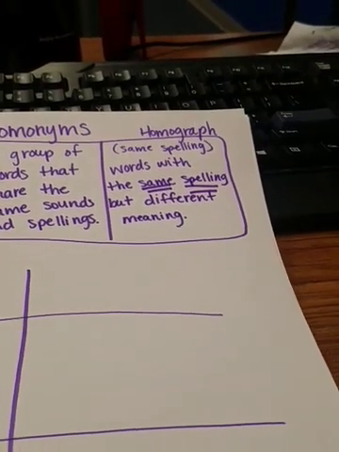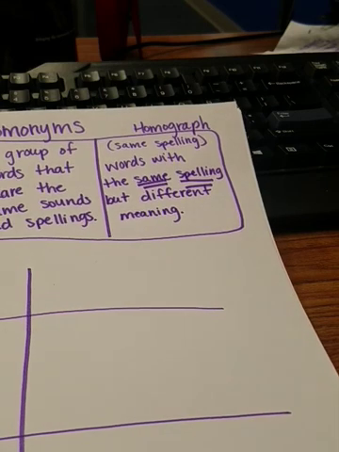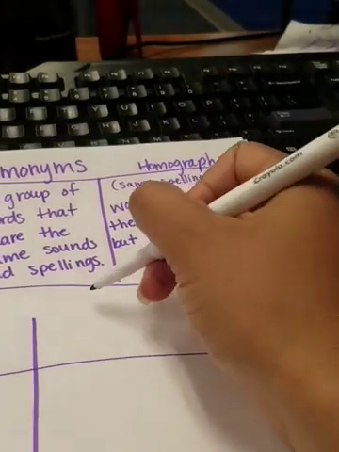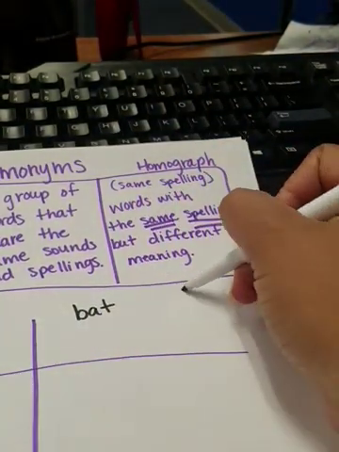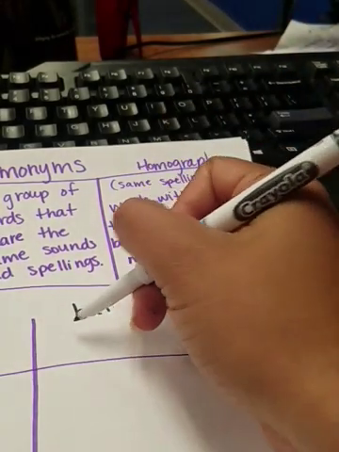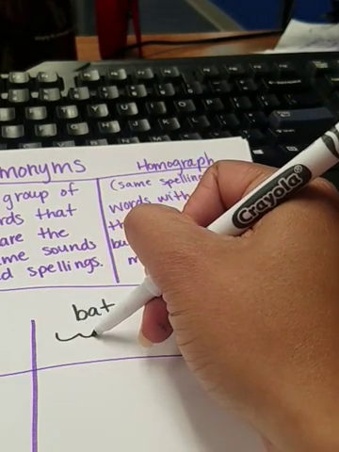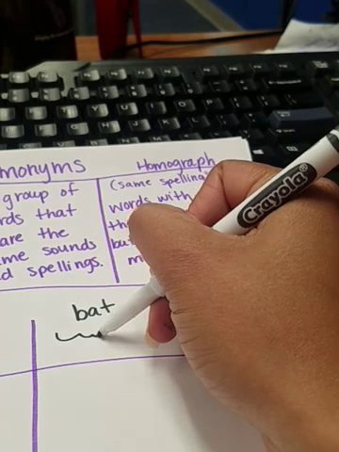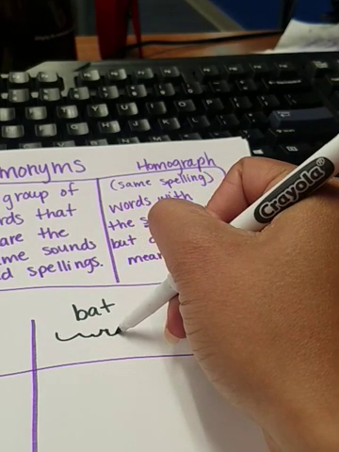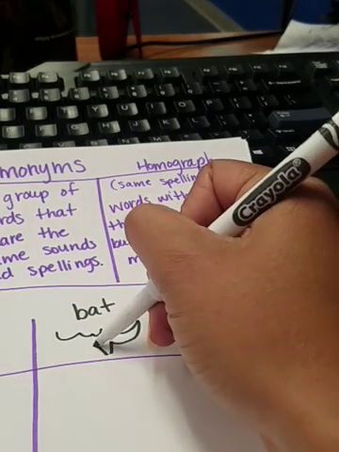Now let's go over to the right side of the paper to our homographs. These are the words with the same spelling but different meaning. Okay, let's do bat and bat. All right, so when I think of bat, the first bat that comes to my mind is Batman. So I'm just going to do my best. Okay, so this is a bat.